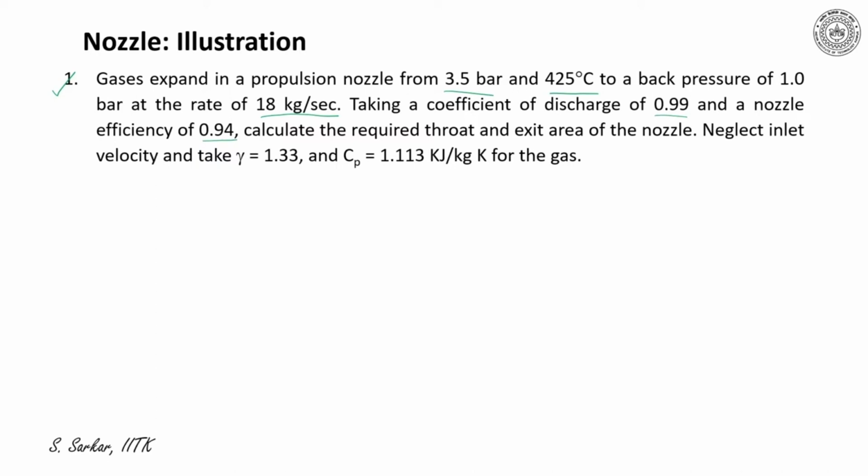Calculate the required throat and exit area of the nozzle. Neglect inlet velocity. Take gamma equal to 1.33 and Cp equal to 1.113 kilojoule per kg per K for the gas. Let me solve the problem.